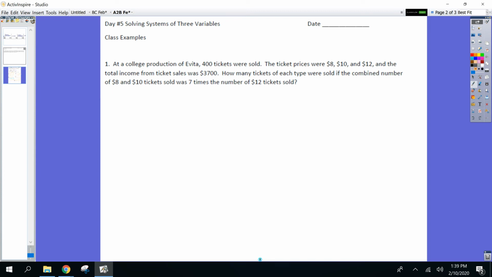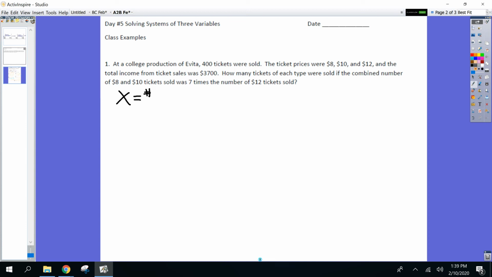All right, read through it. Let me know what we're trying to find. What do you want x to be? x equals 8.